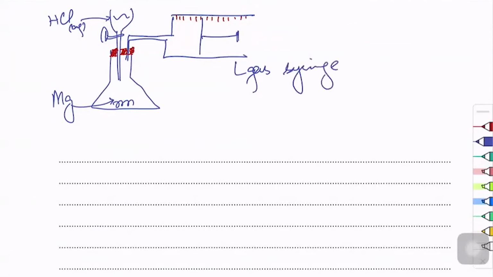Okay, now what happens? First of all, I need to make sure that everything else remains the same, which means the mass of magnesium is the same, and the concentration and volume of HCl is the same every time I do this.